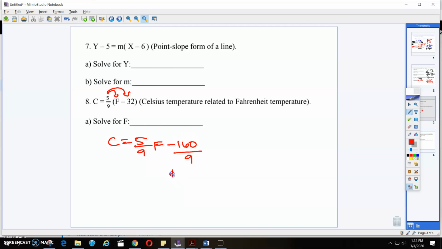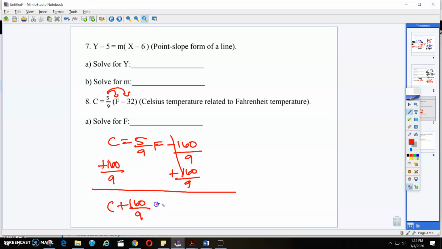So I'm going to add 160 divided by 9 on both sides. If you wanted to change that into a decimal, that's totally fine, but it's going to make it a little messier later. So this is going to give you c plus 160 divided by 9 equals 5/9 f.